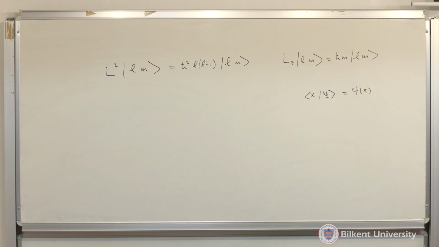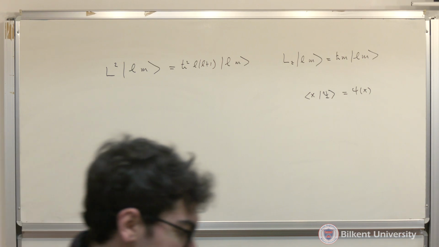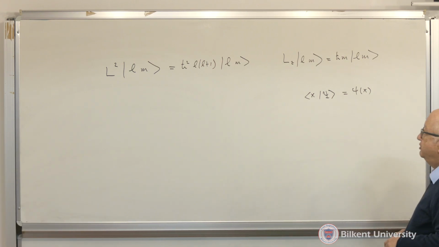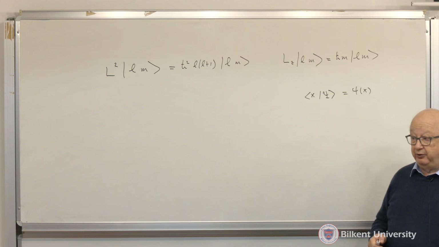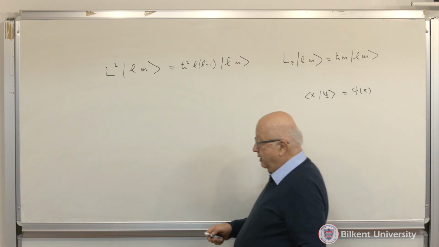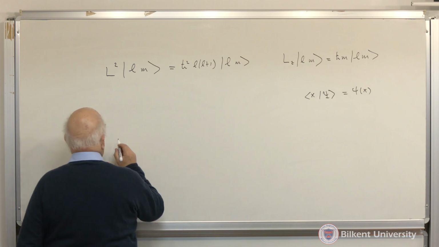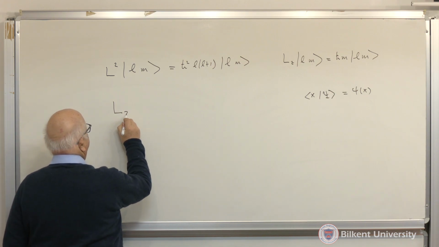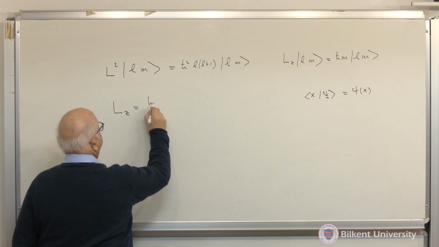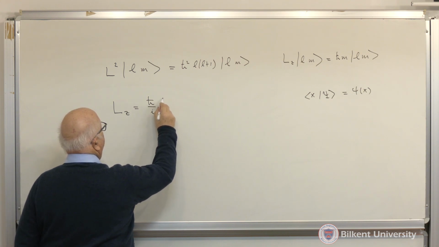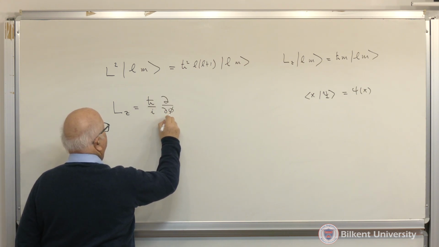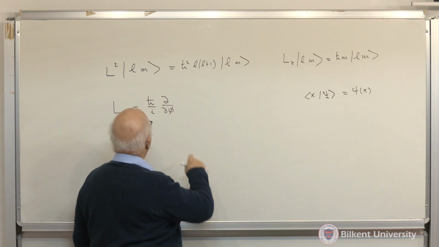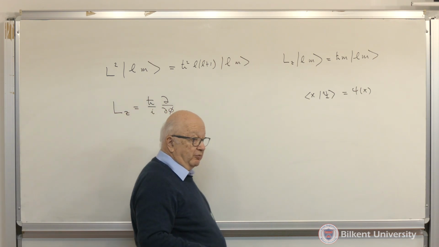So these L squared and Lz, remember, are operators which involve derivatives with respect to angles. We worked one of them out explicitly. Remember that we had Lz equal to h bar over i del phi. The L squared operator itself is more complicated.